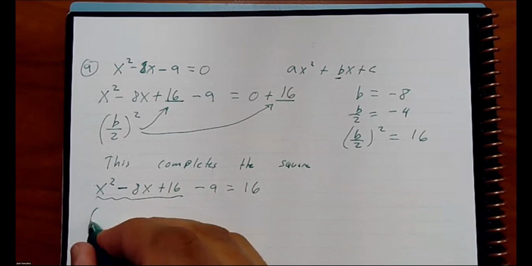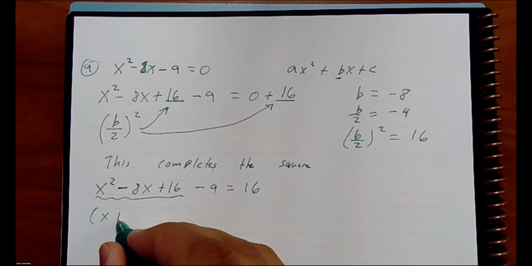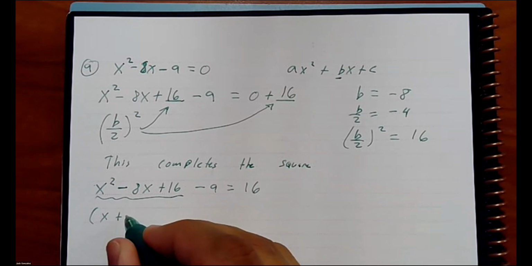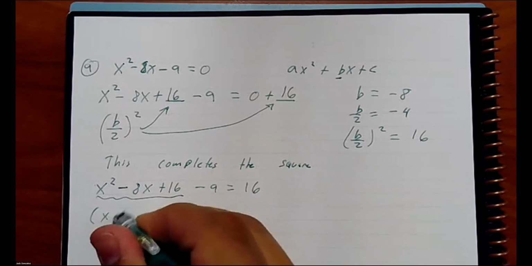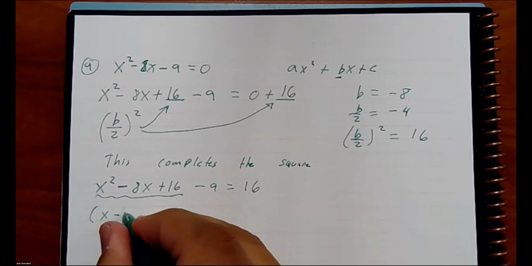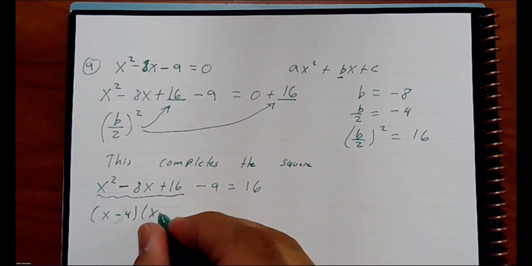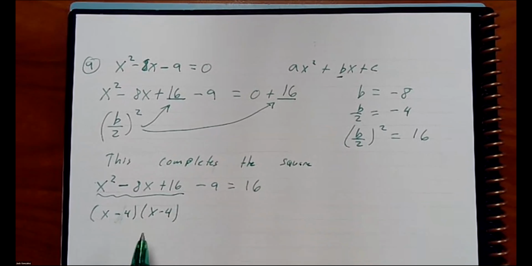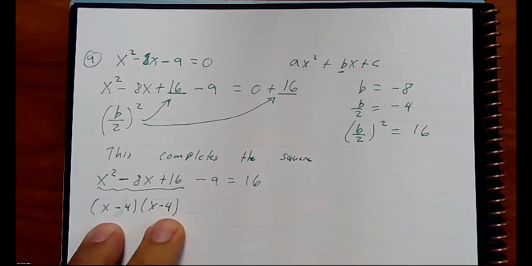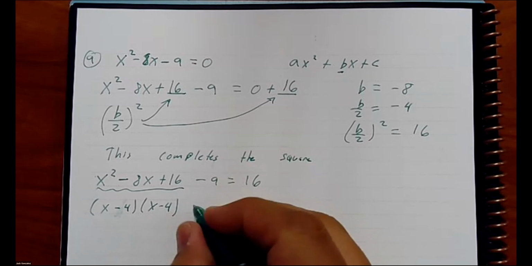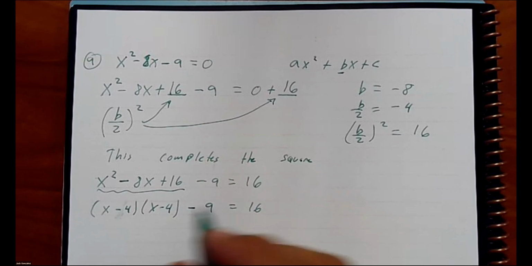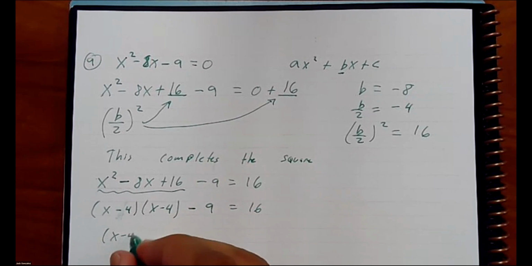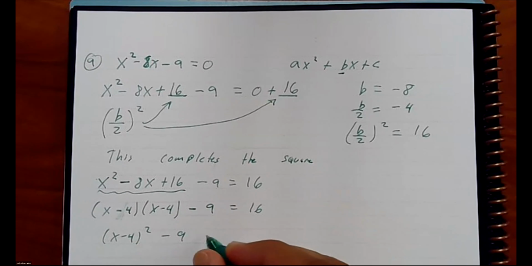So this will factor into x plus, actually, minus. See how it turns out into x minus 4 twice? That's because it's a completed square. So now I have x minus 4 squared minus 9.